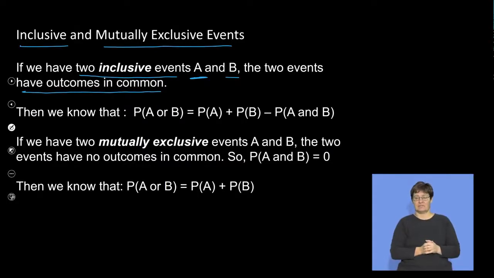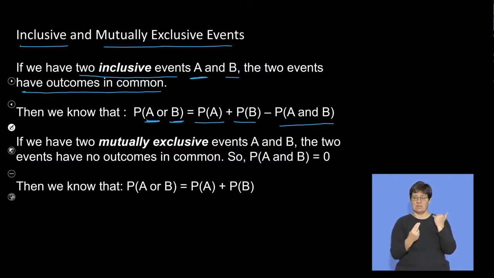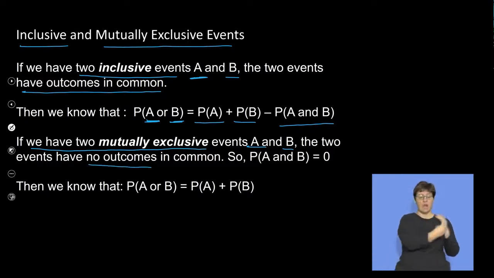So this would be the probability of A or B, which is the probability of A plus the probability of B minus the intersection. Are we together? Now, mutually exclusive events: if we have two mutually exclusive events, A and B have no common outcome, so this intersection part becomes 0.